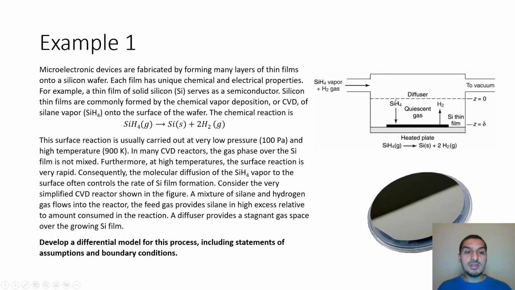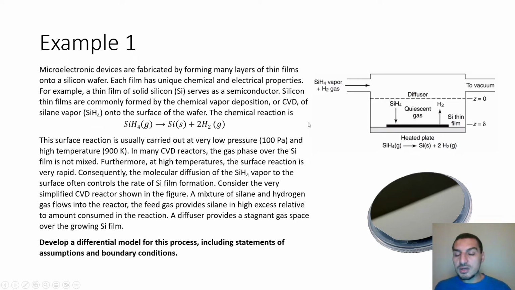So here the silicon hydride diffuses from this dotted line, the diffuser, to the surface of the silicon wafer. The reaction takes place, and then the hydrogen gas diffuses back to the diffuser and leaves with the gas mixture. The diffuser is at height Z equals 0, and the silicon wafer is at Z equals delta.